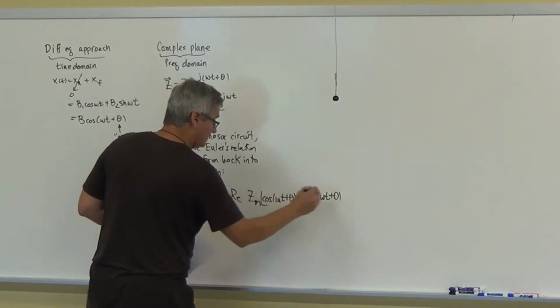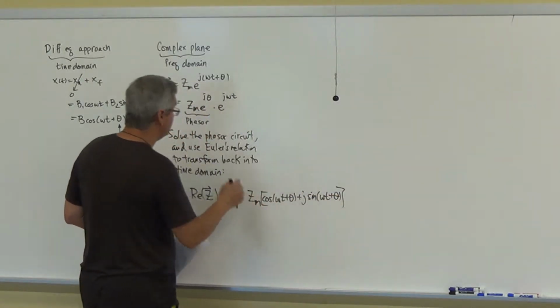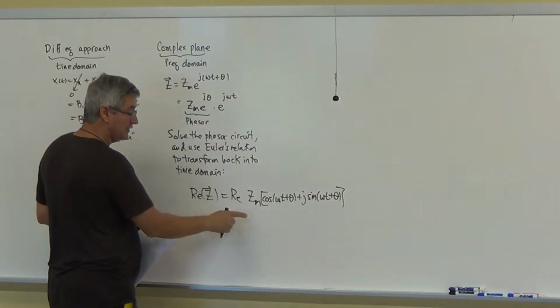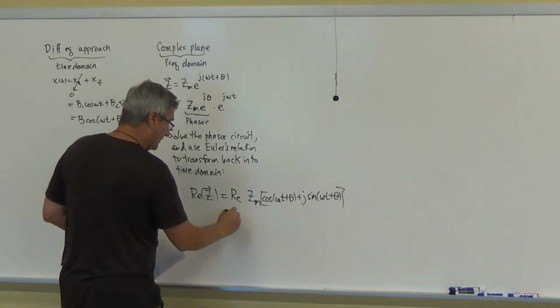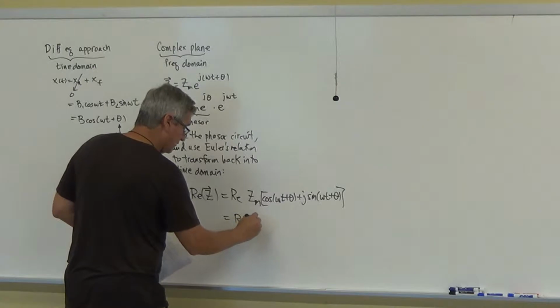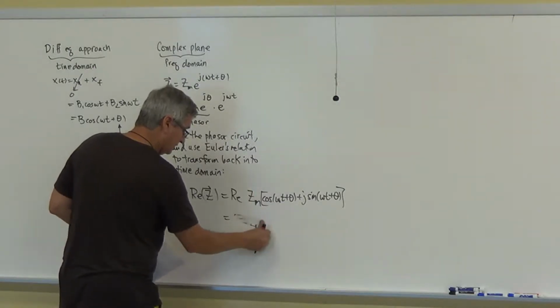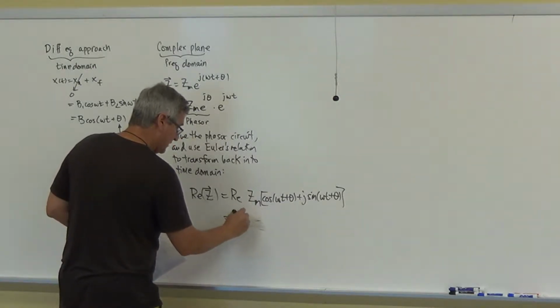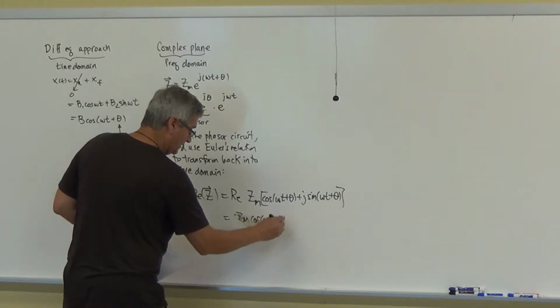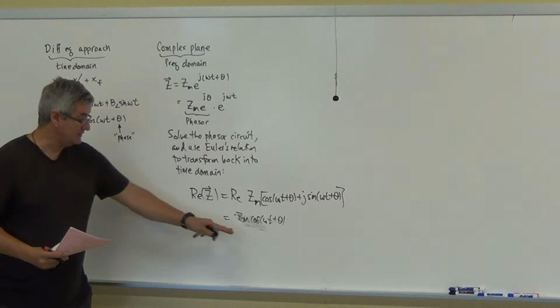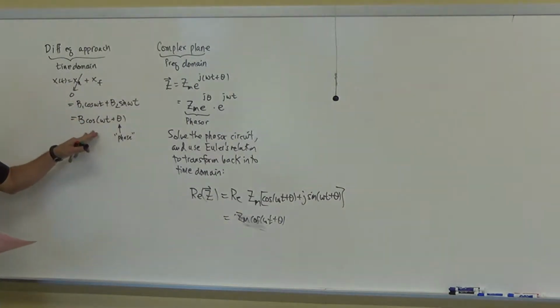All I did here is rewrite this using Euler's relationship, and if I take the real part of this, I actually get Zm cosine omega t plus theta. So you can see that this form now relates to that form right there.